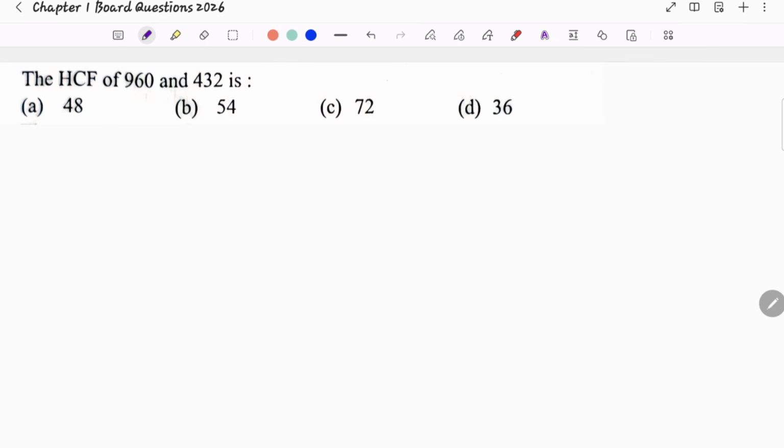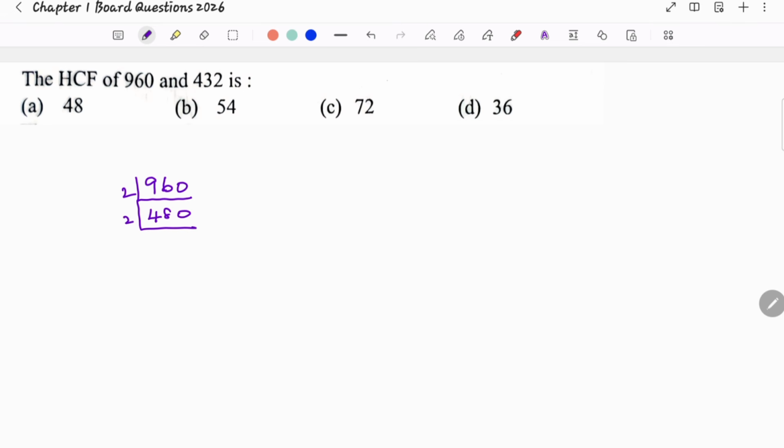Next, question number 3. The HCF of 960 and 432 is. To find the HCF, first do the prime factorization of the given numbers. First number is 960. 960 can be divided by 2, so 480.